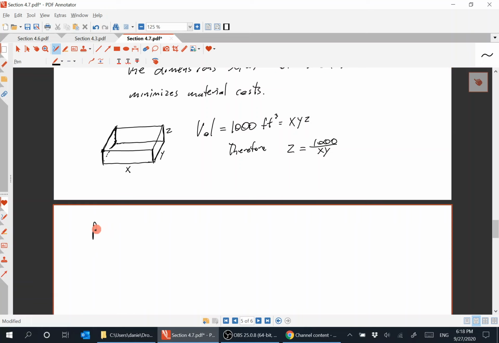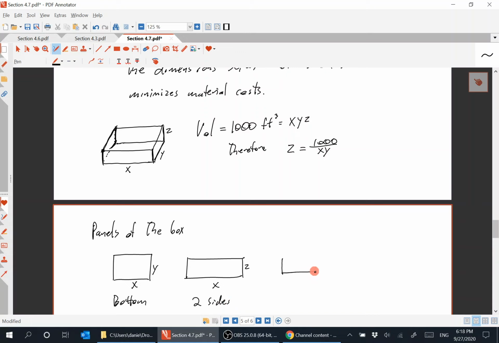Okay, so the panels of the box, and the box is open top. All right, you've got the bottom, which is x times y. And then you've got two sides, x times z.